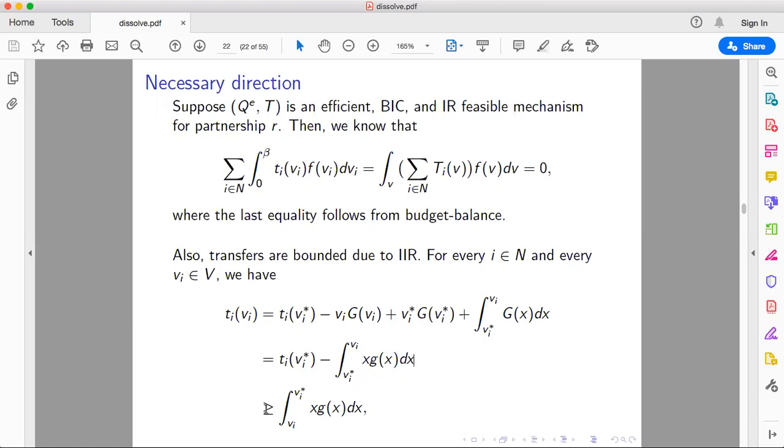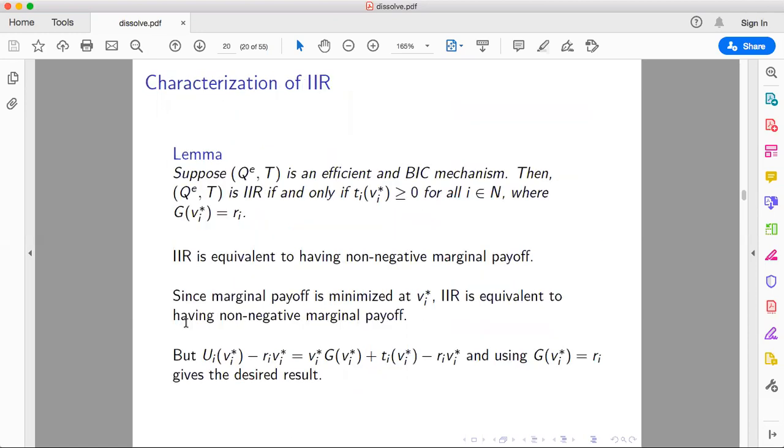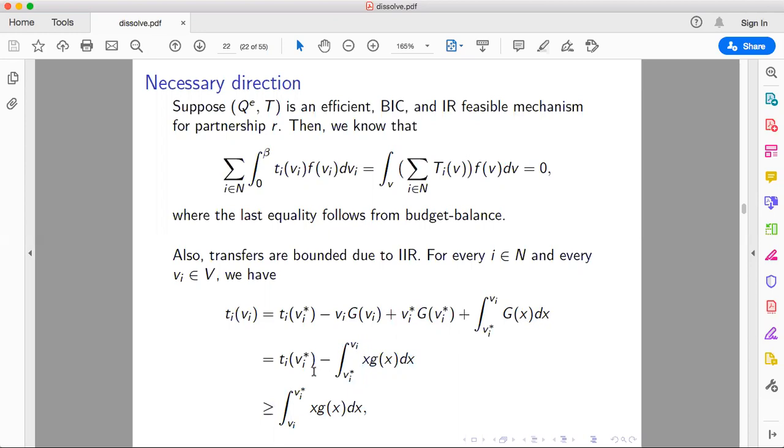Now the last step is where I'm using interim individual rationality. Remember the characterization of interim individual rationality: Ti V star I has to be greater than or equal to 0. That's what I'm using here. So these two terms are greater than or equal to this term. Here I have changed the limits of the integral to make this minus a plus.